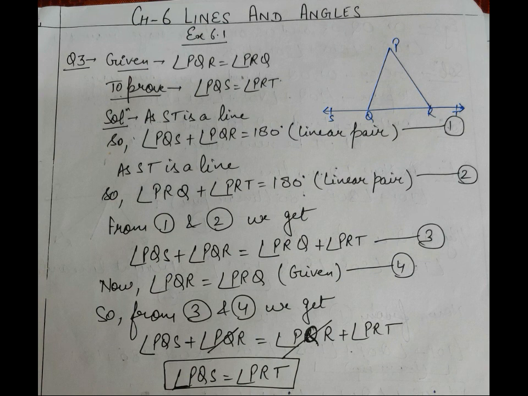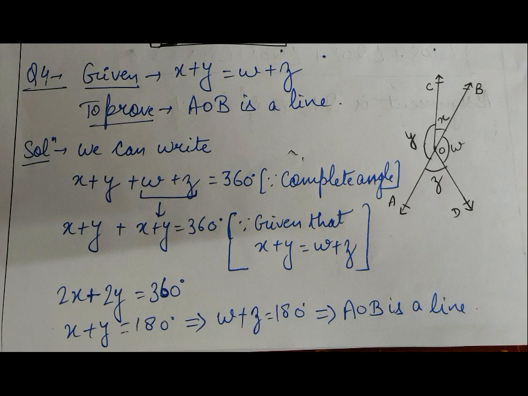So my new equation will be angle PQS plus angle PQR is equal to angle PQR plus angle PRT. Now you can see that on both sides we can cancel angle PQR with angle PQR. Now the final answer will be angle PQS is equal to angle PRT. This is what we needed to prove.